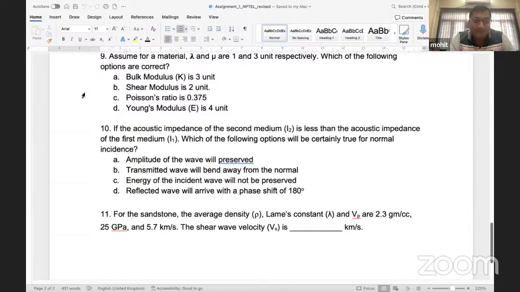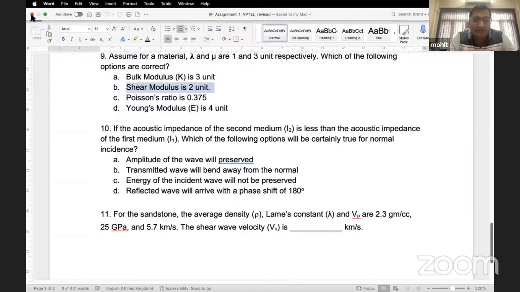Now, since we have solved assignment 1, let's talk about assignment 2. Assignment 2, let me share it. Yes.